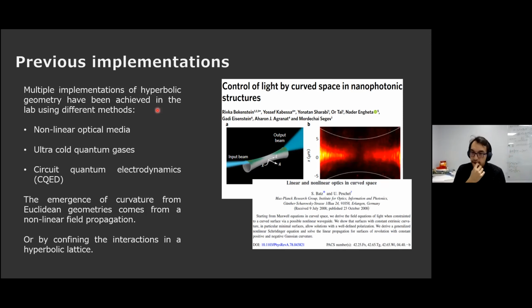There have been multiple implementations of hyperbolic geometry in atomic systems, and I will show you a couple of them. One is in nonlinear optics, where they design different waveguides that make light follow these hyperbolic trajectories.